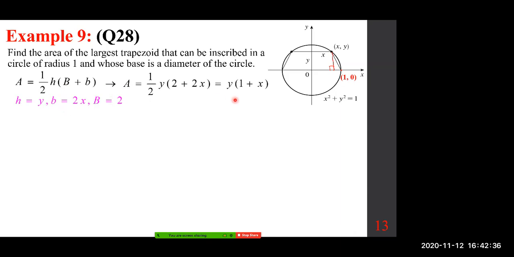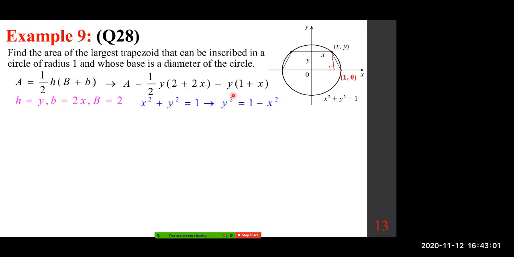And 1/2, we can cancel out the 2. We get y times 1 plus x. Now, we can continue with the same thoughts. However, remember what's happening. We know x squared plus y squared is 1. Therefore, y squared is 1 minus x squared. Now, we can take a root and replace it, but again, we have the same situation.